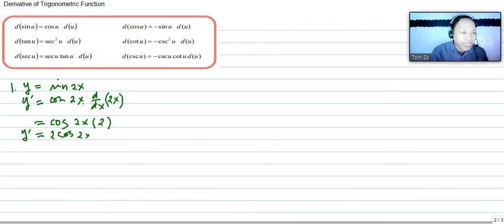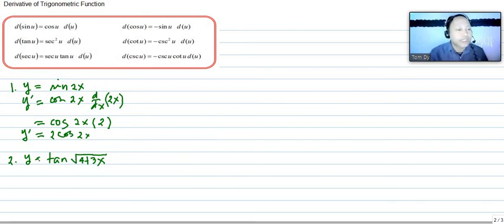Okay. Another example, let's say y, another function, y is equivalent to tangent of the square root of 4 plus 3x.